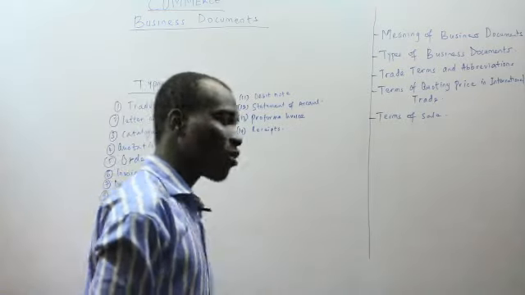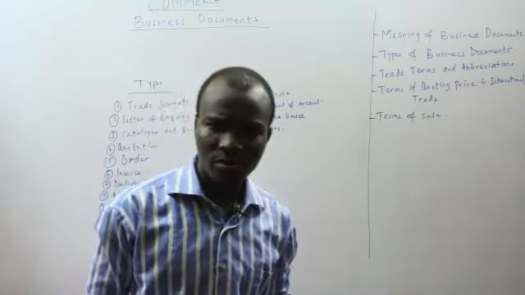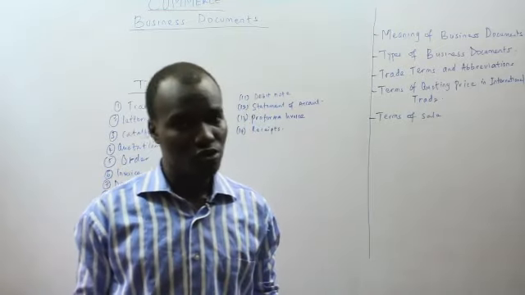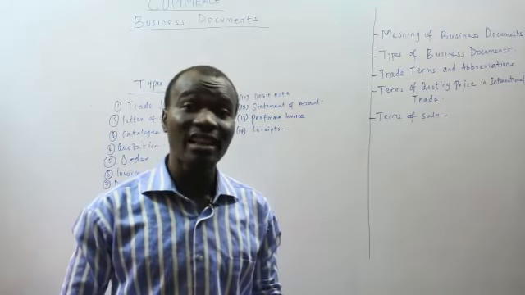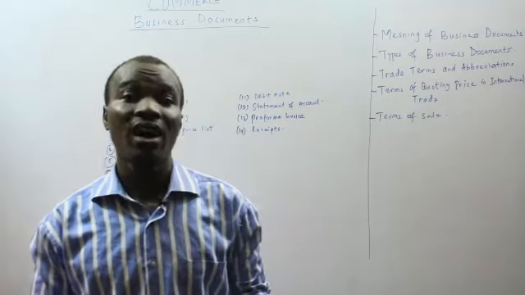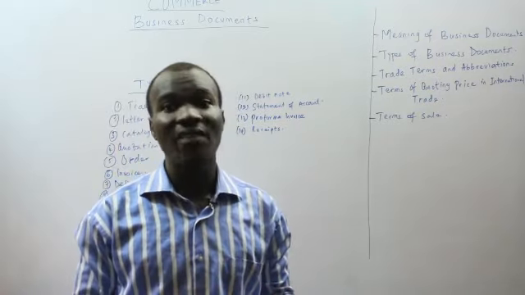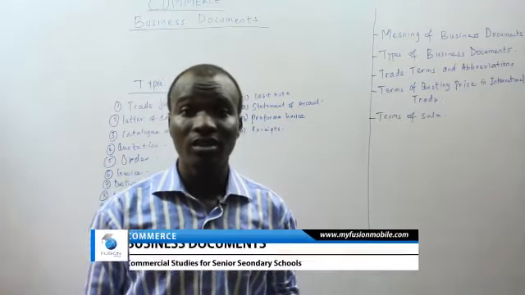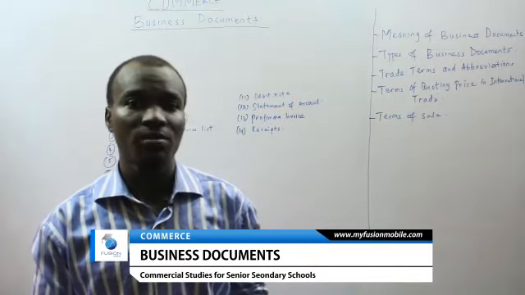Let's talk about the catalog first. The catalog is a list of goods that are available in a particular store, shop, or form of business.